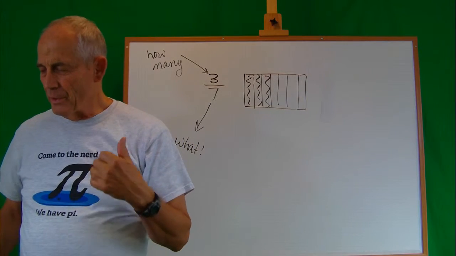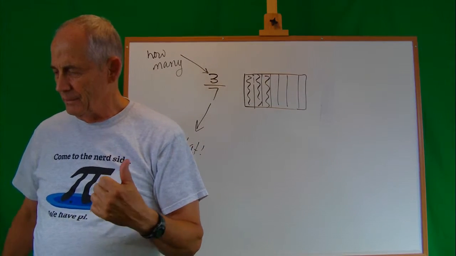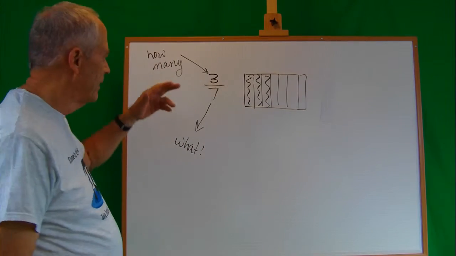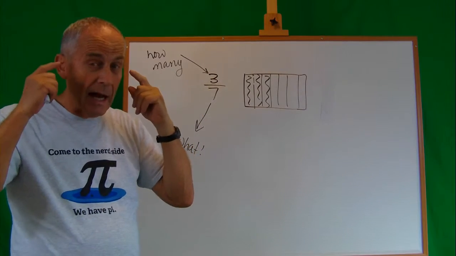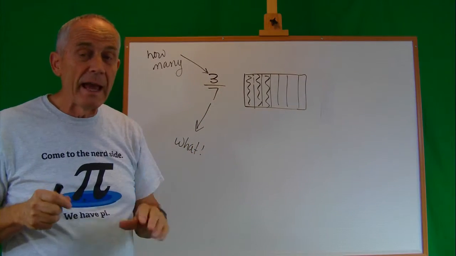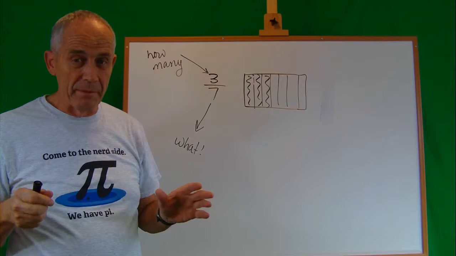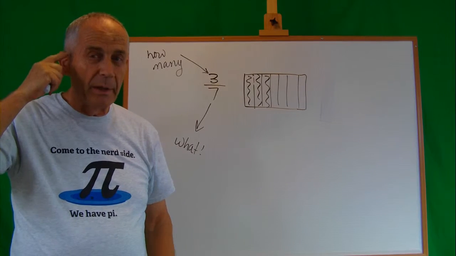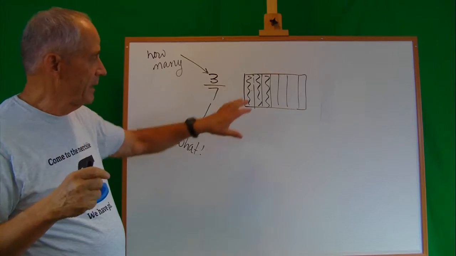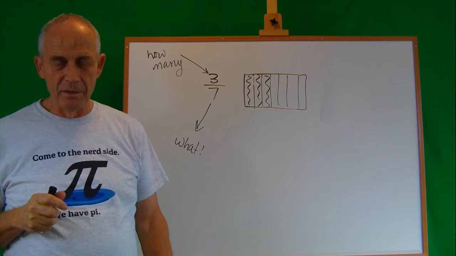Okay, so when you look at a fraction, if I'm looking at this, I see sevenths and I have 3 of them. And when I say sevenths, my brain pictures that there are 7 equal parts in a whole.